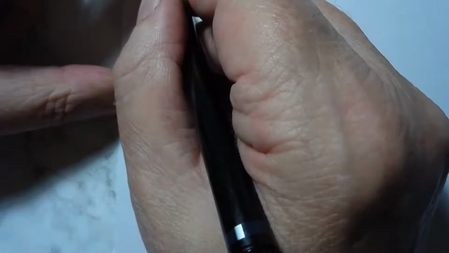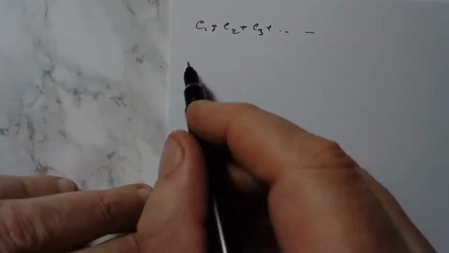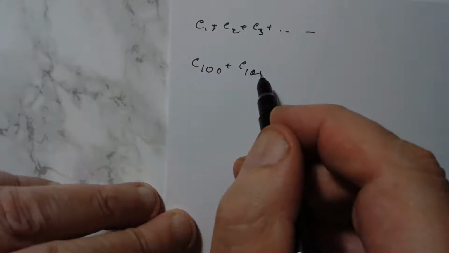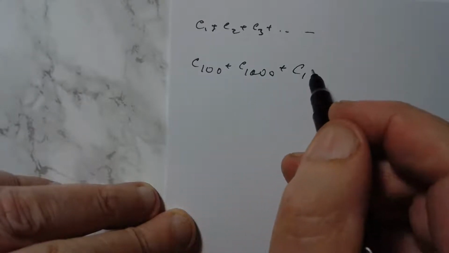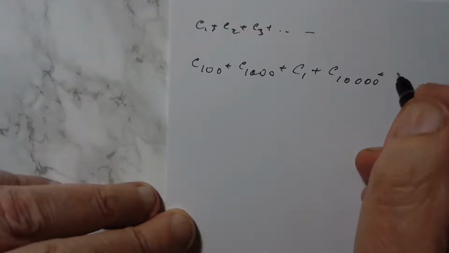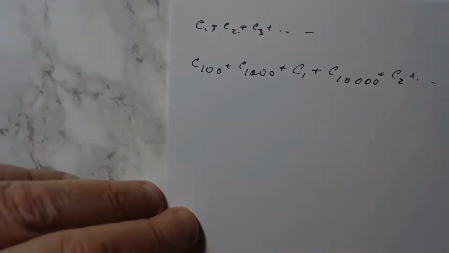I start out with these numbers C_1, C_2, C_3, etc. And then I'm going to rearrange them. So first there will be, say, C sub 100, and then C sub 1,000, and then a C_1, and then a C sub 10,000, and then a C_2, or whatever. You see, I'm rearranging in an arbitrary fashion.